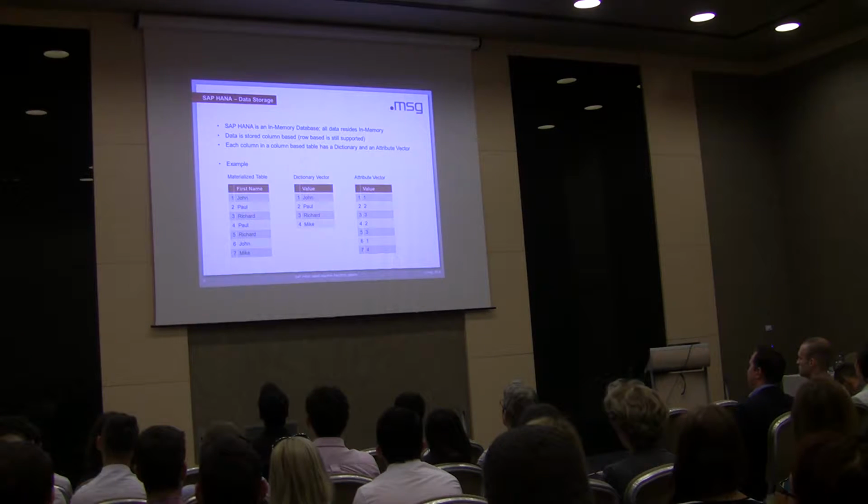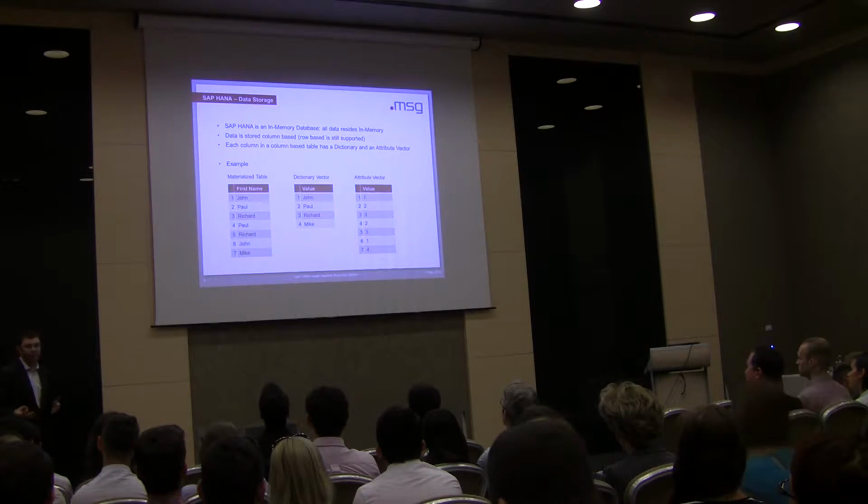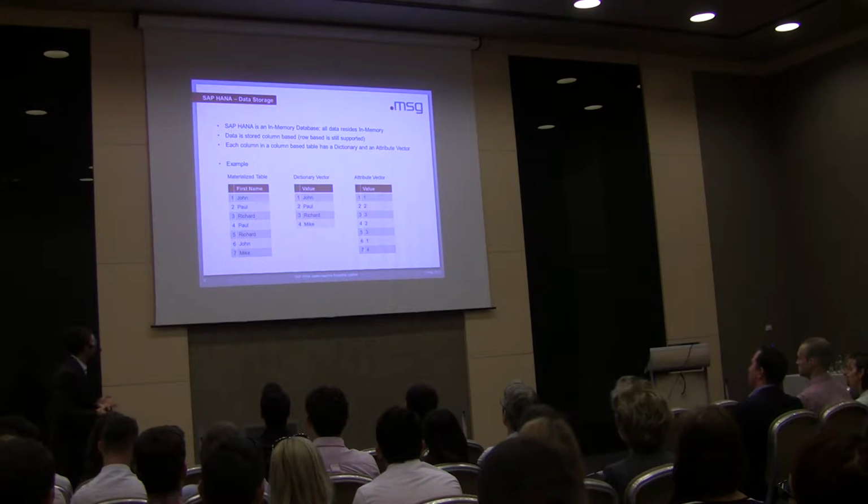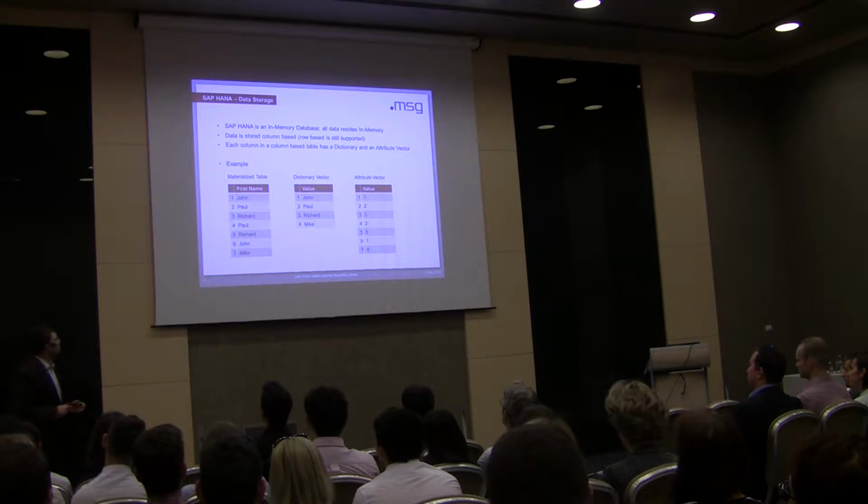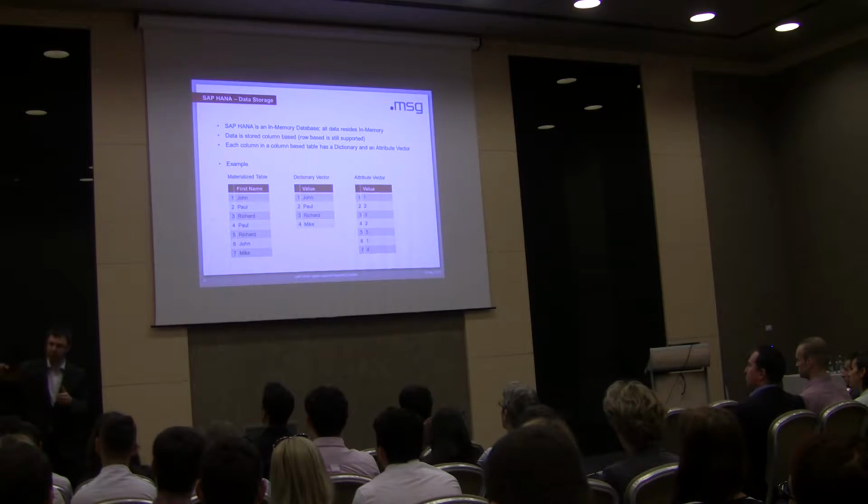A very important point is how the data is stored in SAP HANA. As we heard, SAP HANA is an in-memory database, all data resides really in the RAM. That gives a good benefit, but how the data is stored is also very important. You know it with the classical database systems, most data is stored row-based. That means if you have a table with several fields, then the values of the fields are stored behind each other.